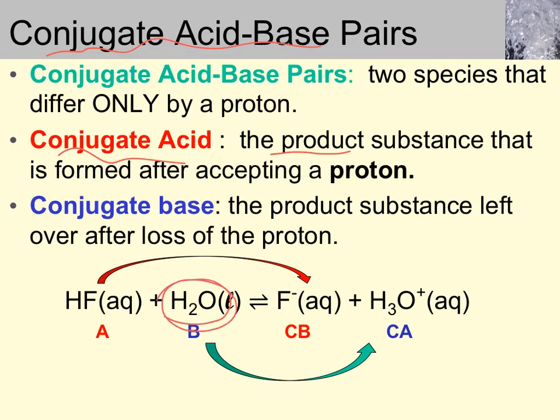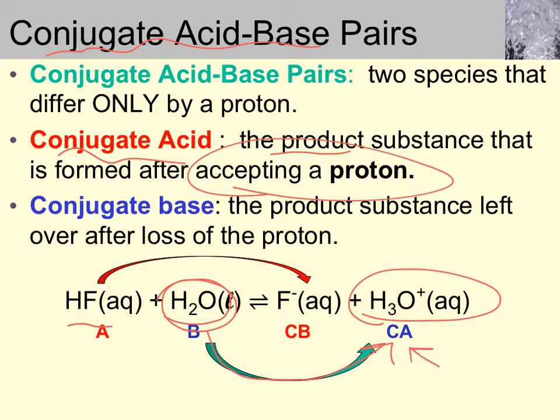In this case, water is acting as a base. It's going to accept a proton from hydrofluoric acid. So water, once it accepts a proton, becomes H3O plus, and so H3O plus is now the conjugate acid of water. Well, you'll probably have to go through this several times before it makes a lot of sense, so don't worry.